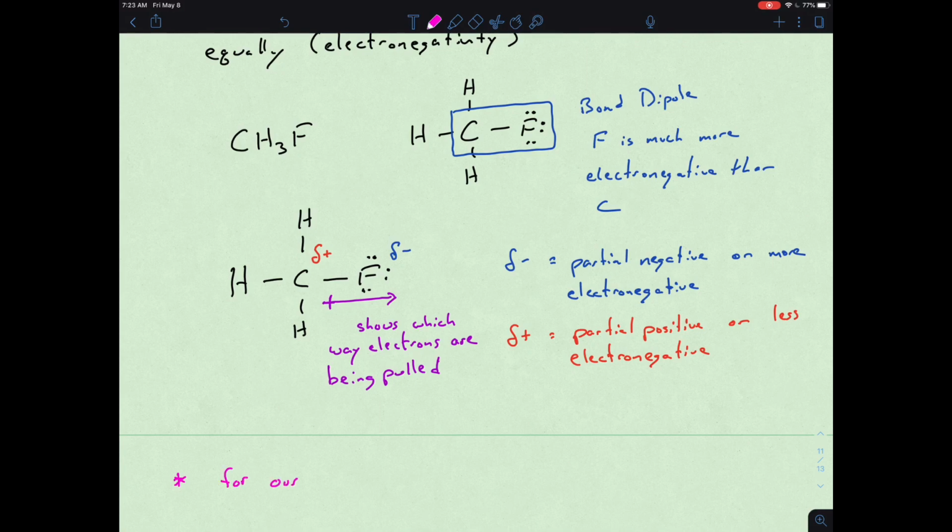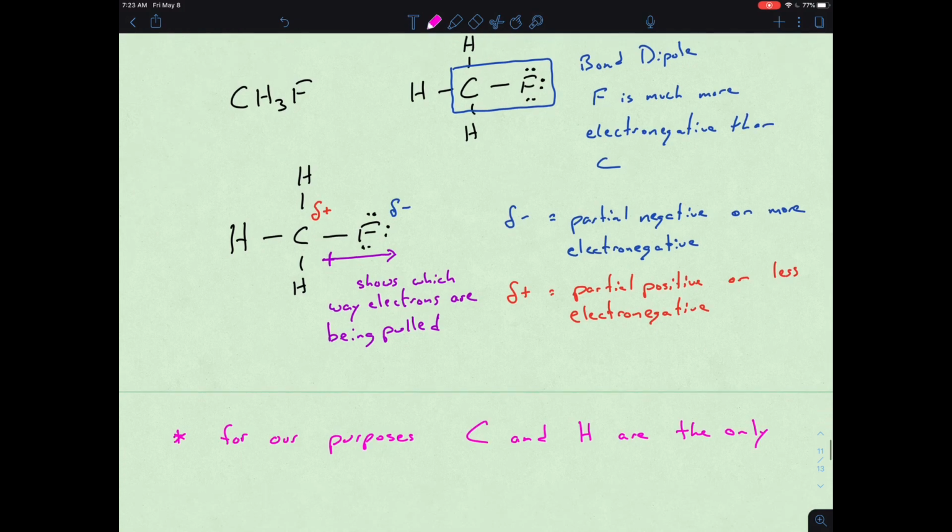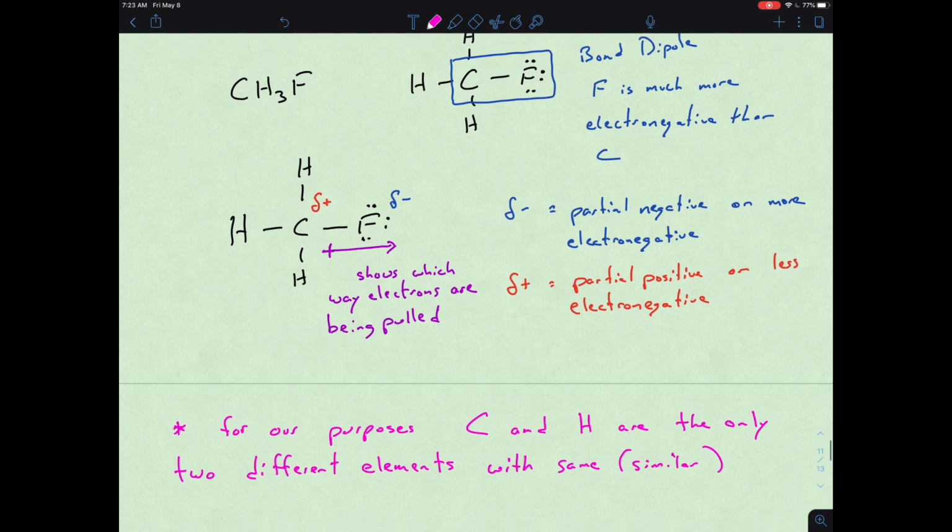For our purposes, carbon and hydrogen are the only two different elements with the same, they're not exactly the same, but we can say the same or similar electronegativities.